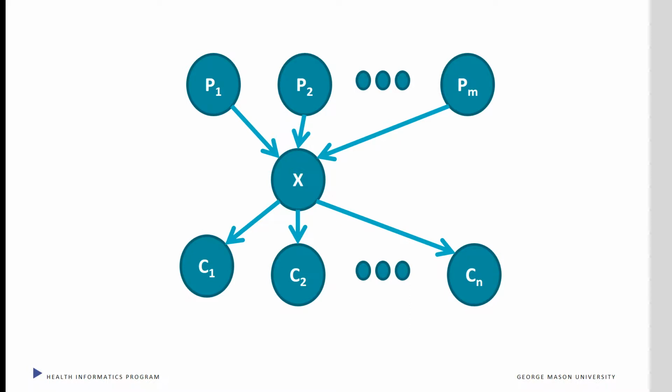A causal network is a directed acyclical tree. Each node in the tree is related to its parents and children by arrows. Here we show a simple, directed graph with three types of nodes.